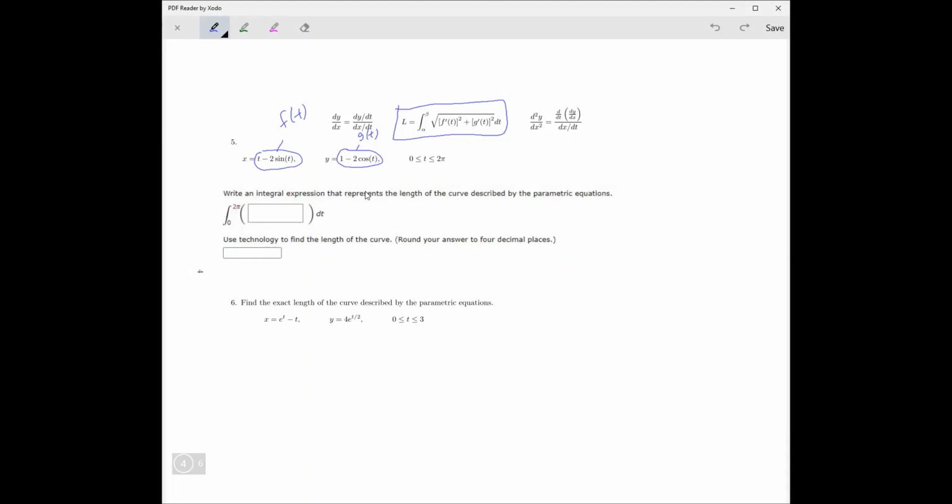Okay, so your integral, you're going from 0 to 2 pi, and that gives you the limits of integration. And then what you put inside here is going to be the square root of f prime of t squared. That's the derivative of this, which we can calculate here. That's 1 minus 2 cosine t.